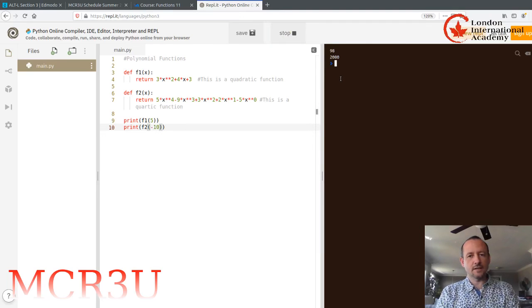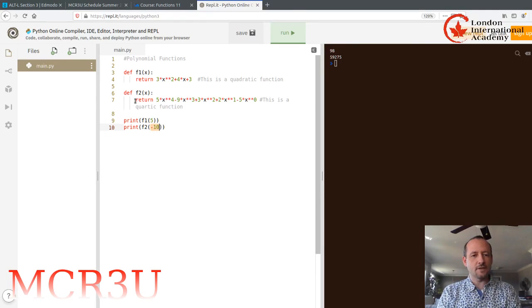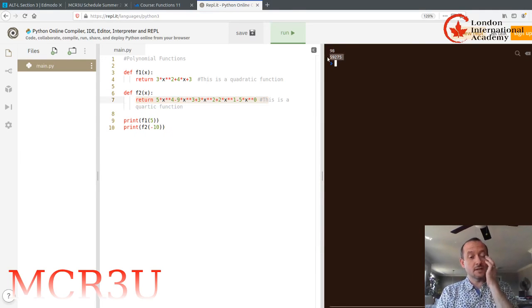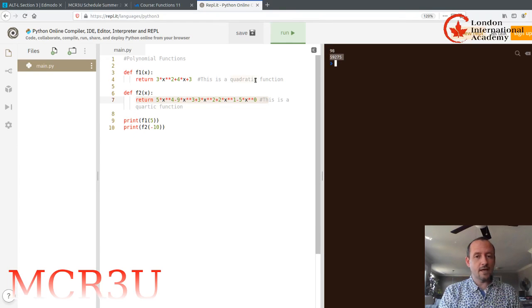And run, and it does a calculation. So when I set x equals -10 for this function, here's the answer that I get. So you can see how you can calculate the value of a polynomial function using this approach. So we'll just switch back to the other window here.